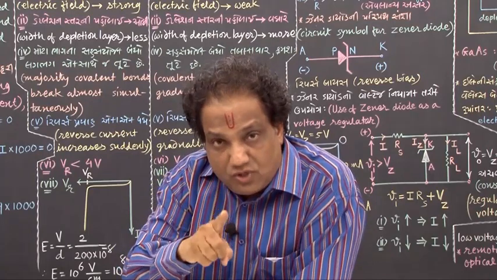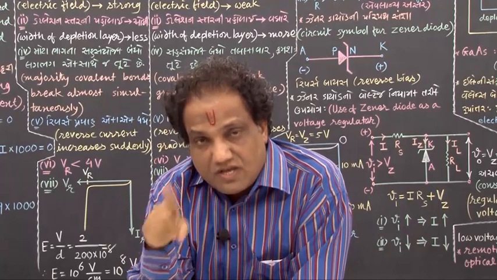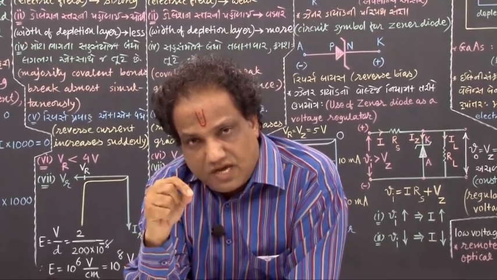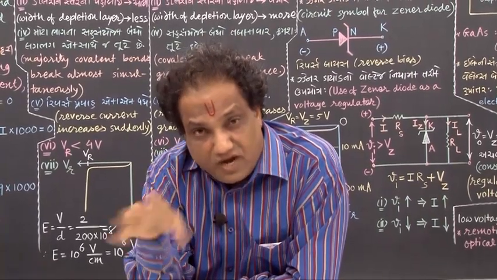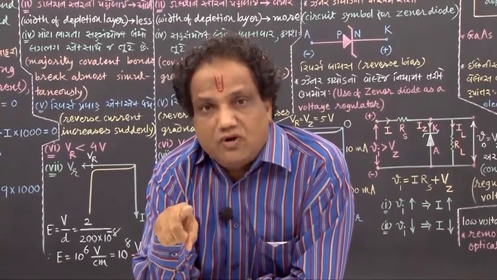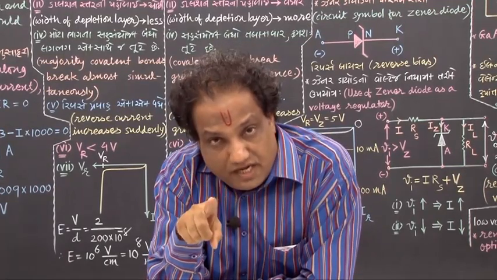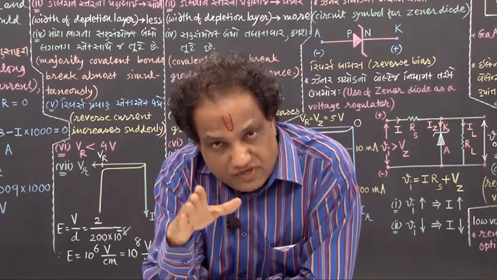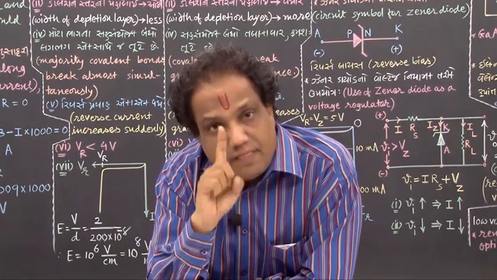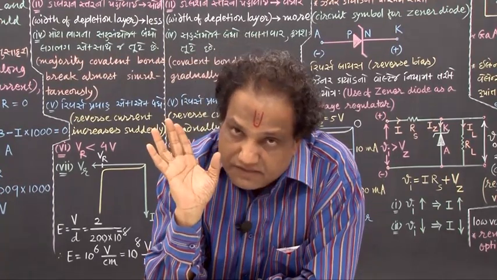Now this breakdown you can have in practice in two different manners. In one, it occurs very fast, suddenly, at once, and in that we are going to see the Zener effect. And if the breakdown takes place slowly, stage wise, gradually, then we are going to see the avalanche effect, correct?